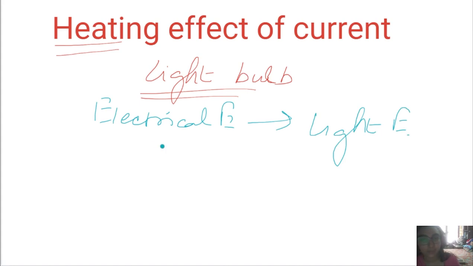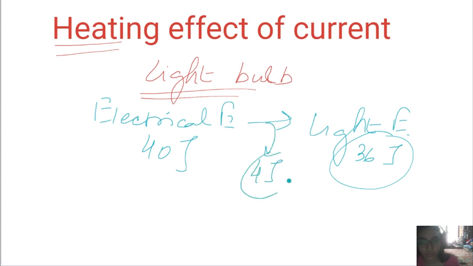But if I tell you that electrical energy was 40 joules, for example, and the energy required for the bulb to glow was 36 joules, okay, so where did that extra 4 joules go? Basically, the 4 joules was dissipated in the form of heat.